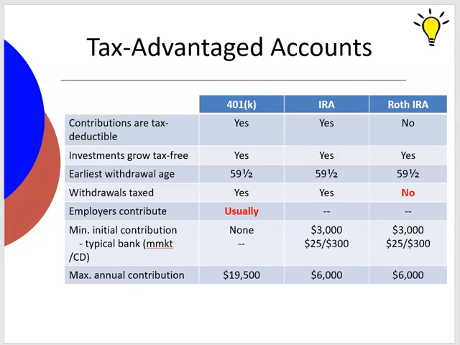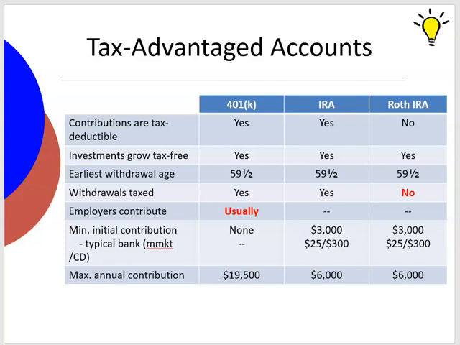Now, this account, the 401k, is designed to be a long-term retirement account. The earliest you can withdraw your money is at age 59 and a half. There are exceptions to that, but they come with penalties, and the penalty is not worth it. The penalty is worse than not putting the money in the first place. Don't do that. The idea is that this money should be used for long-term investments.